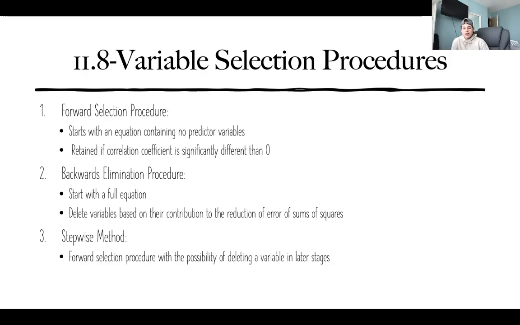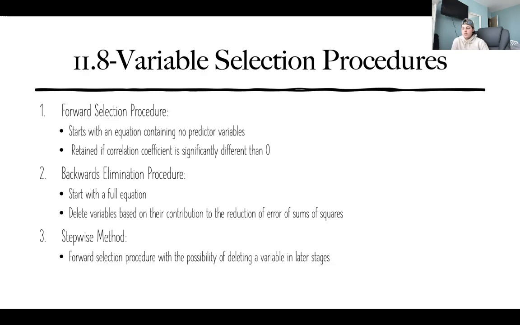So we have 3 different methods of variable selection. The first one is our forward selection procedure. In this case, we start with an equation containing no predictor variables. The first variable introduced is the one with the highest simple correlation with the response variable y.